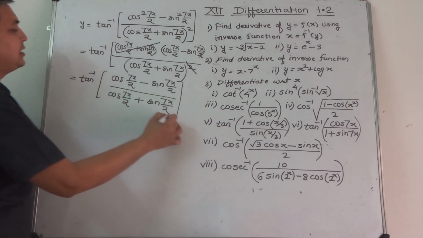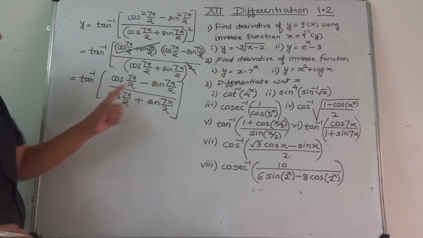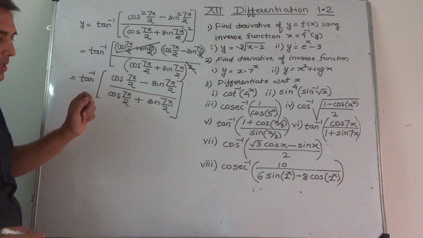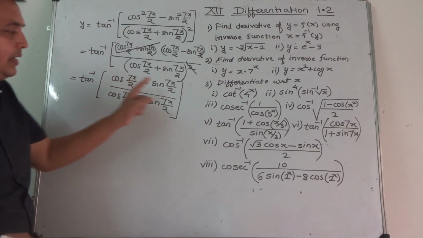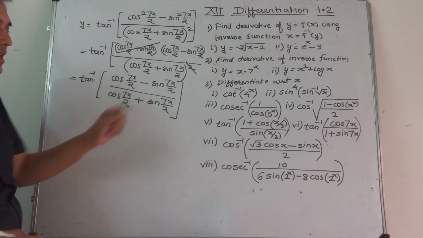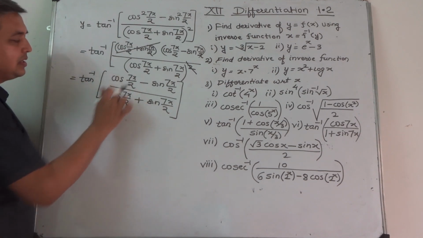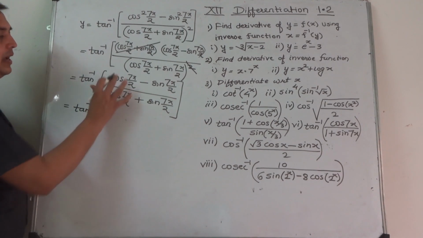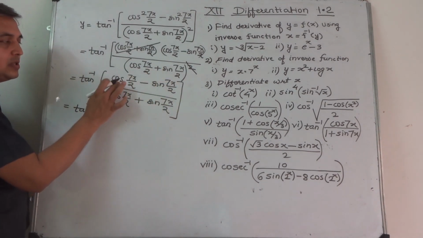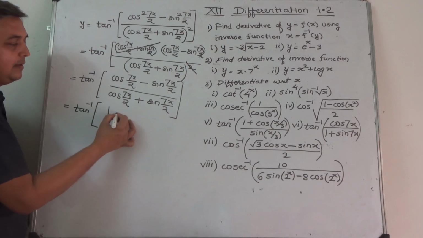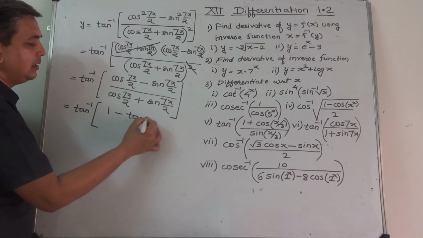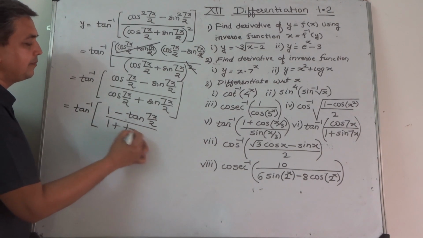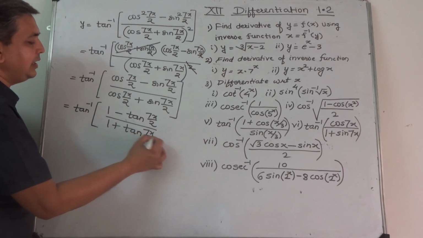Now see, remember this step. When we have terms of cos and sine in the numerator and denominator, one is plus, one is minus, what we do is we divide each term, numerator as well as denominator, by cos 7x by 2. So dividing numerator as well as denominator by cos 7x by 2, we get 1 minus tan 7x by 2 upon 1 plus tan 7x by 2.